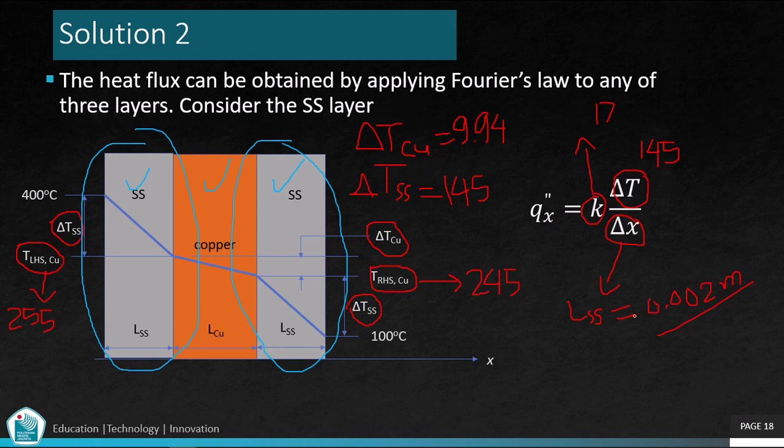And finally, the heat flux will be equal to 1233. The unit is kilowatt per square meter.